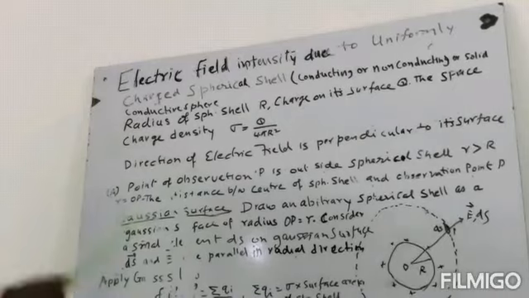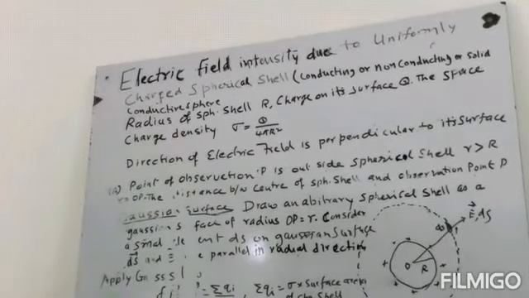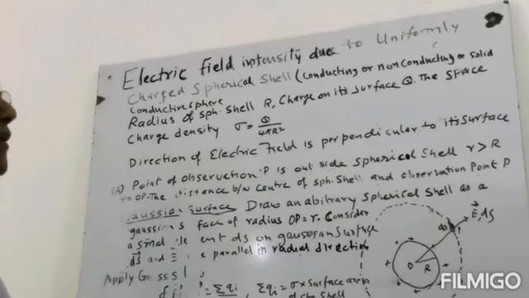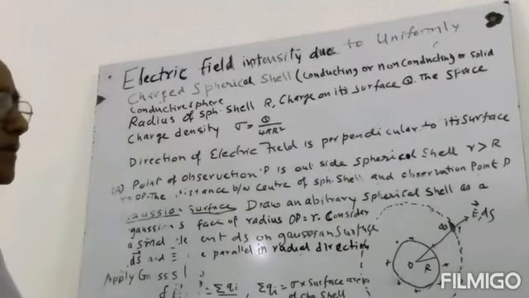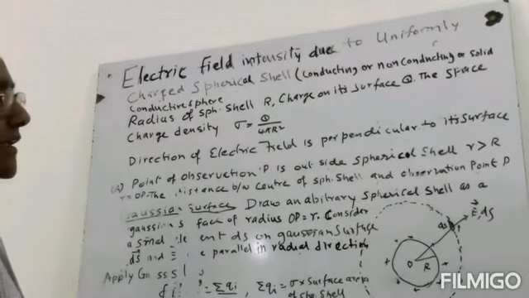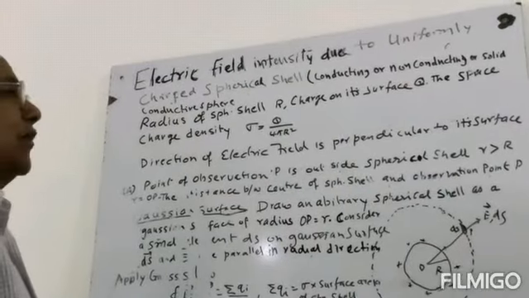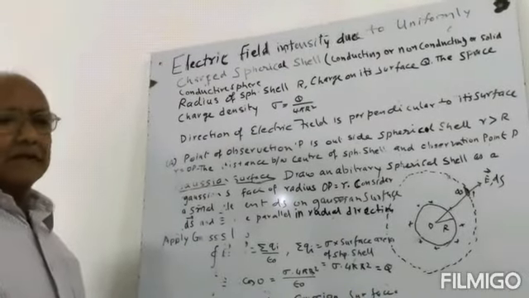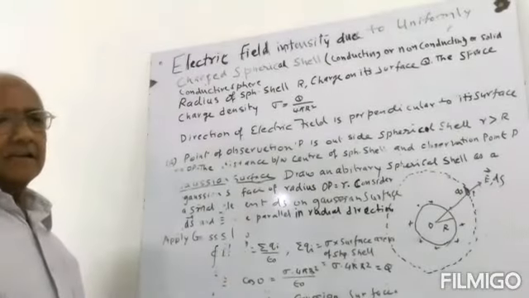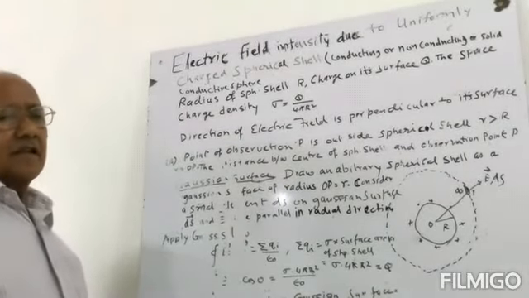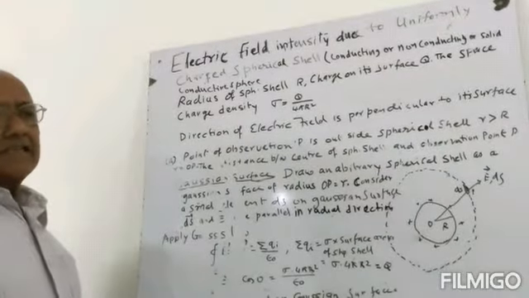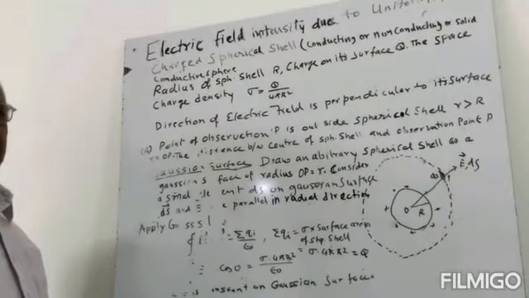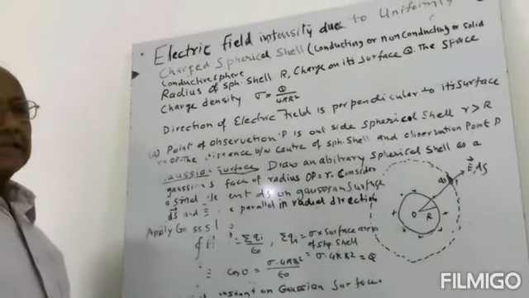Now, the second point is, what is the direction of the electrical field? The direction of the electrical field at the surface of a spherical conductor is always perpendicular to the surface, because if the electrical field is not normal, then it will have a component along the surface.